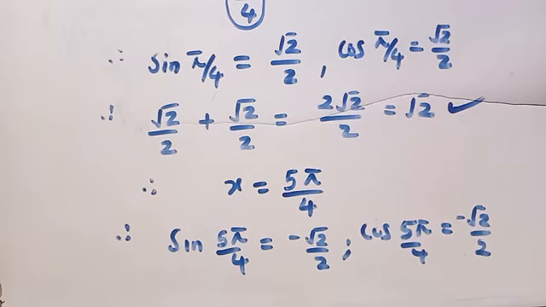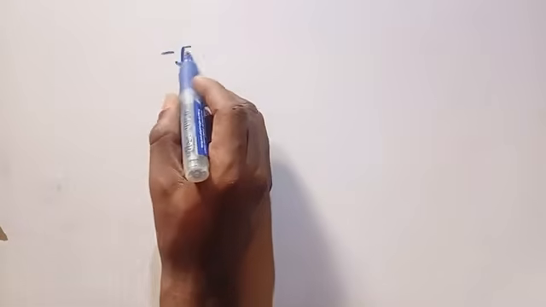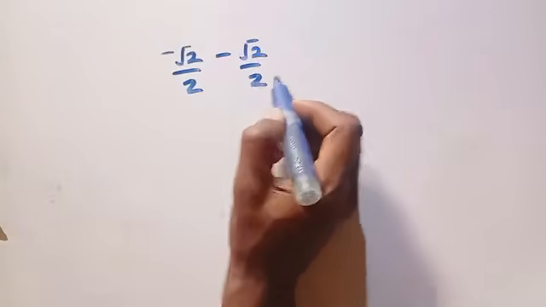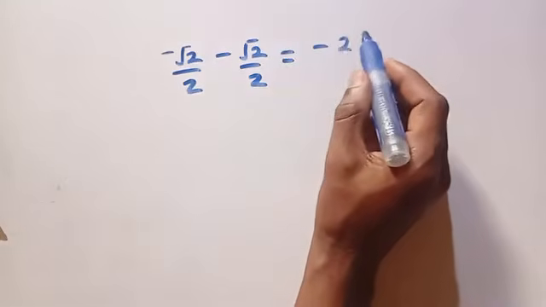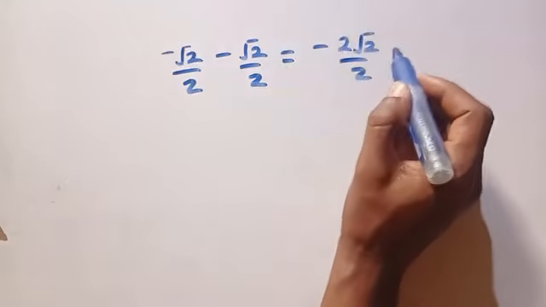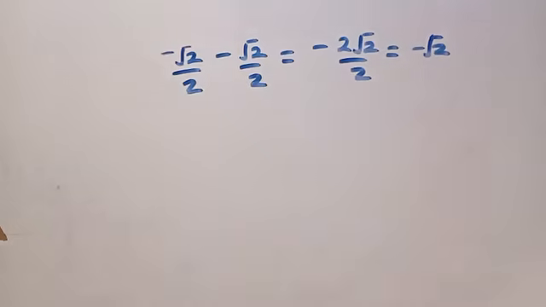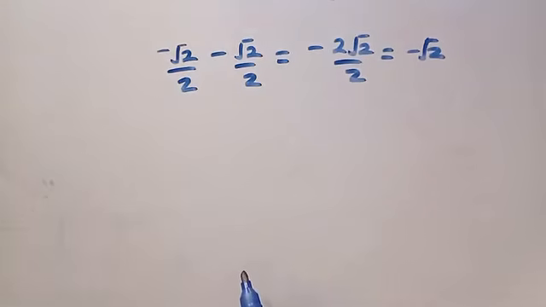And if I add them together, we have minus root 2 over 2 minus root 2 over 2. So this equals minus 2 root 2 over 2, and that is minus root 2. This does not equal. That's why we cannot consider everything.